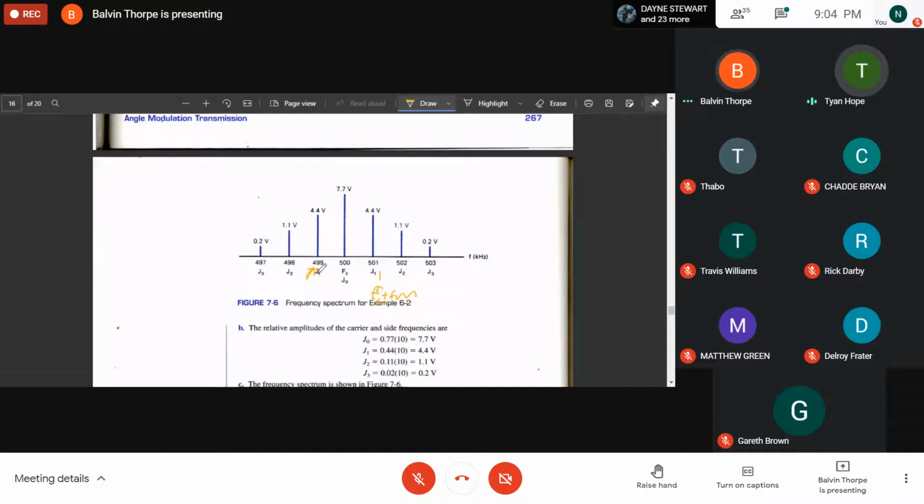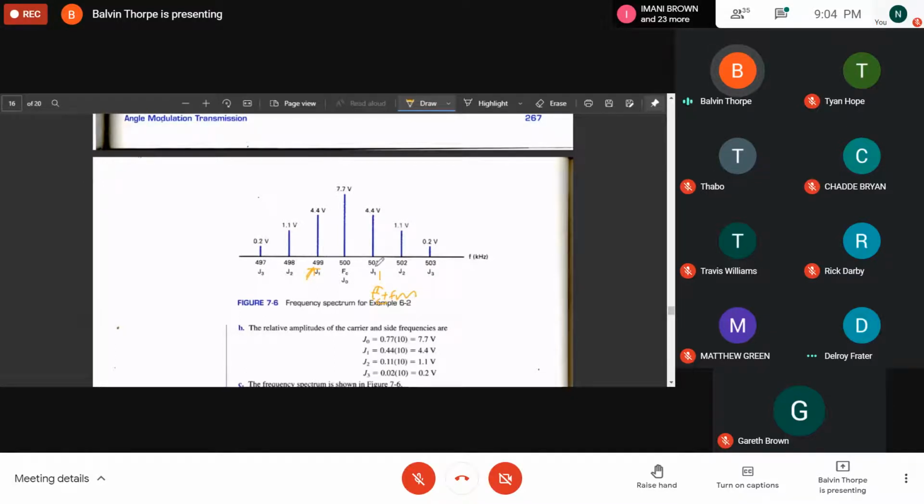Likewise, the frequency for the pair of sidebands. Remember I said, for J1 you're going to have two of them, upper and lower. This is upper because this is FC plus FM. So it's going to be 500 kilohertz plus FM, which is 1 kilohertz.